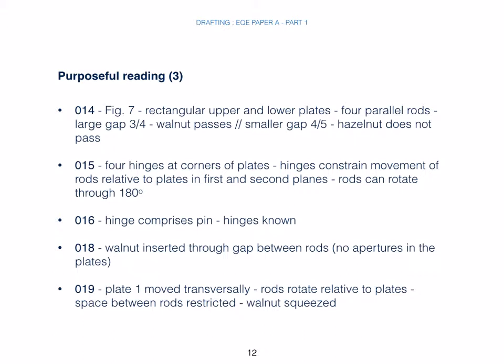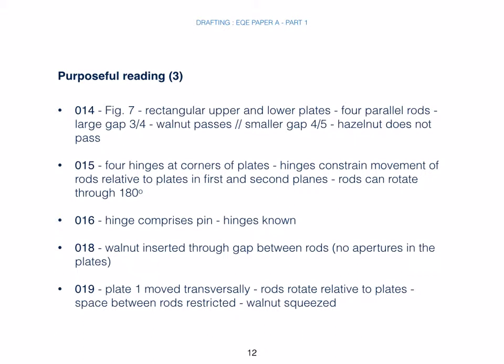And I go to paragraph 18. 17 refers to figures 9 to 11, which you should have handy for looking at the operation. But since you've already seen these figures and figured out the operation, the reading is now a formality. So in paragraph 18, the client says, firstly, a walnut is inserted into the nutcracker through the gap between the rods 3 and 4.